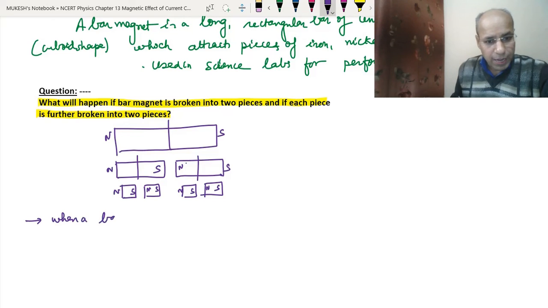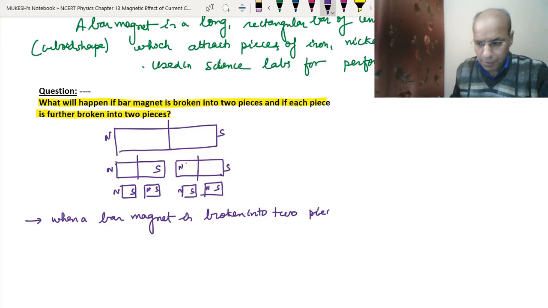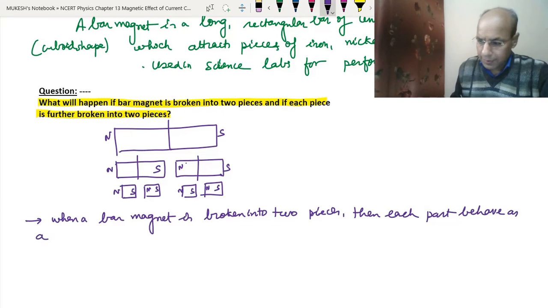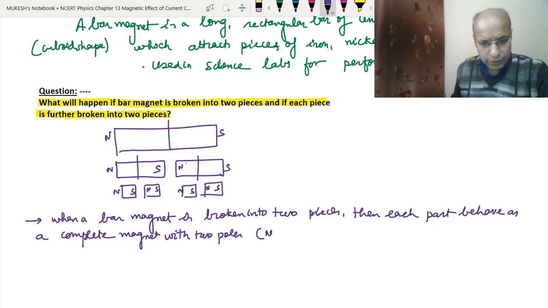When a bar magnet is broken into two pieces, then each part is a complete magnet with two poles, north and south.